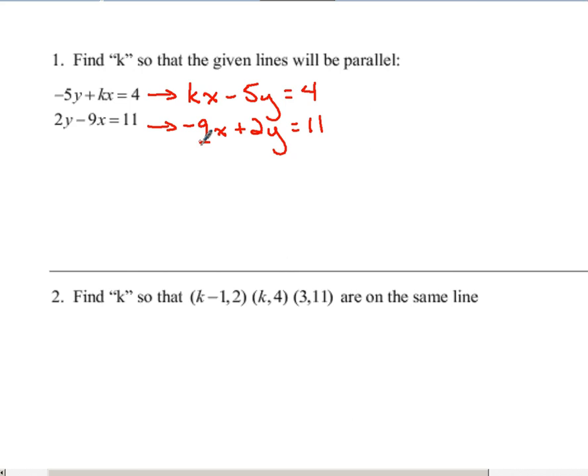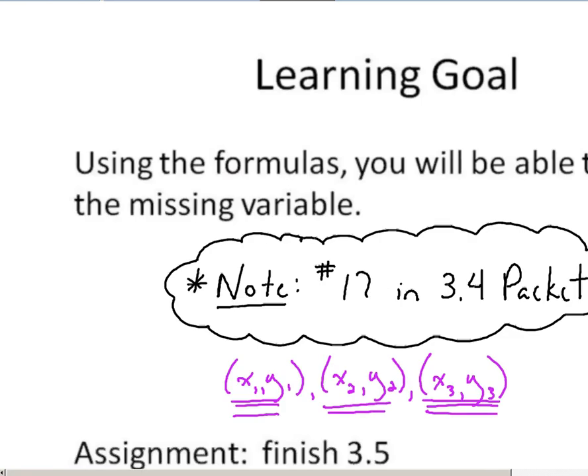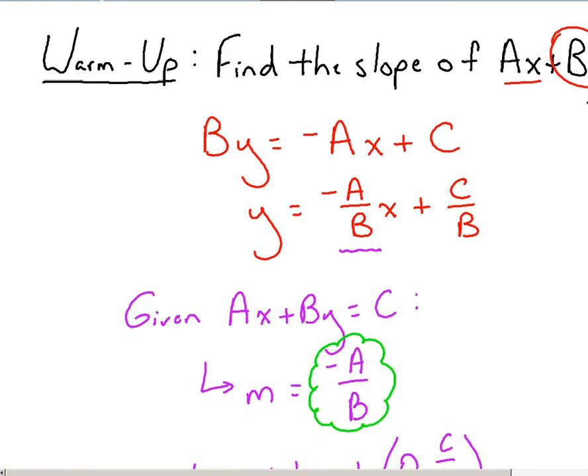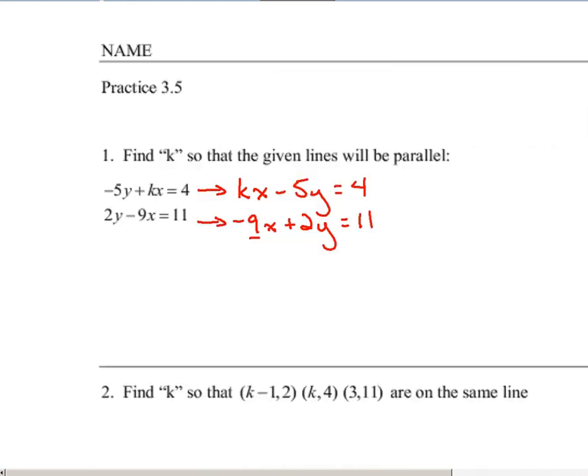But rearranging things and going back to the idea that I can find the slope of a line in standard form by taking the opposite of my x coefficient and placing that over my y coefficient, let's come back and use that here.